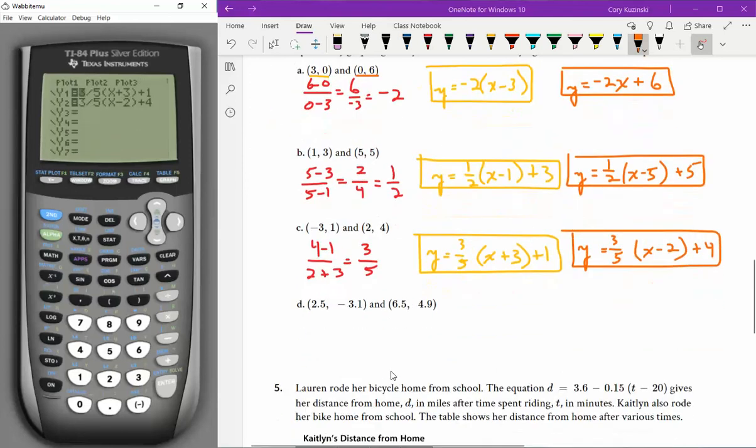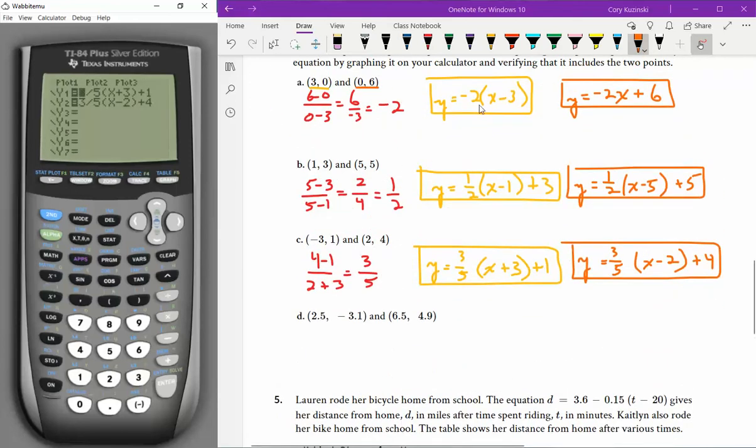One more here, on number 4 anyway. All right, 4.9 minus negative 3.1, or just plus 3.1, and 6.5 minus 2.5. That doesn't turn out to be as bad as I thought it was going to be. That's just 8 over 4, which is 2.